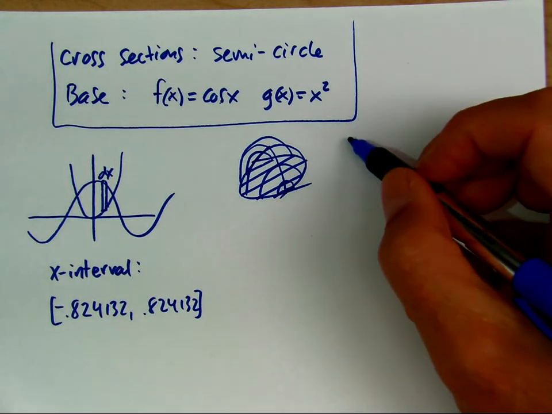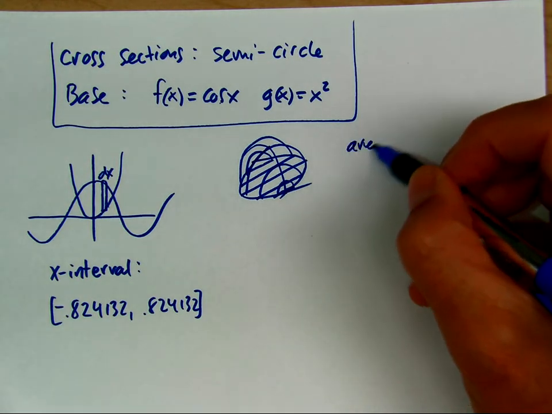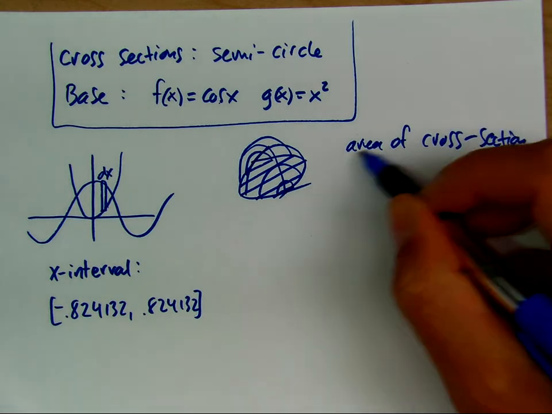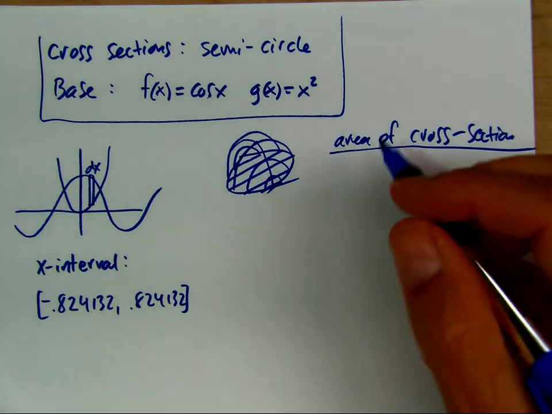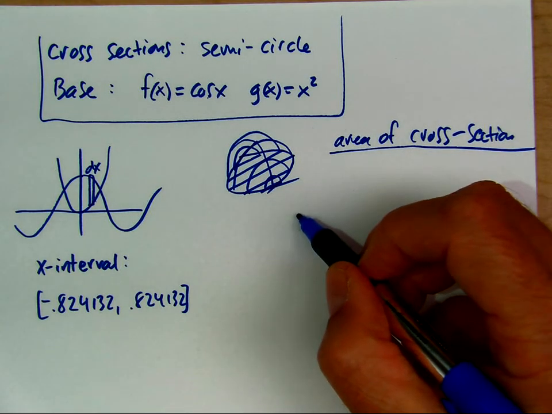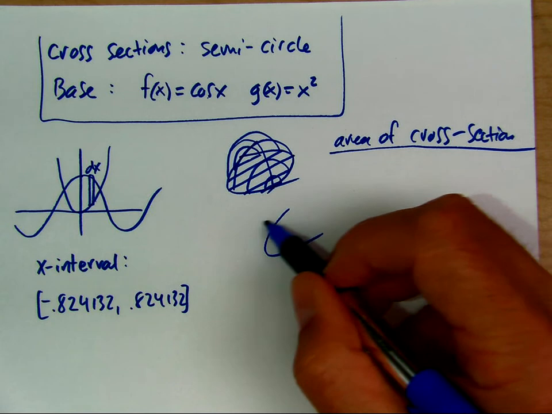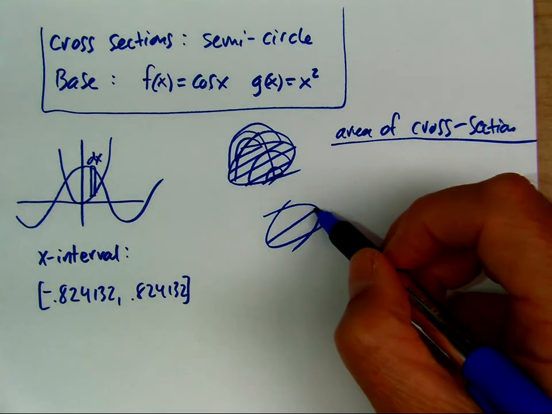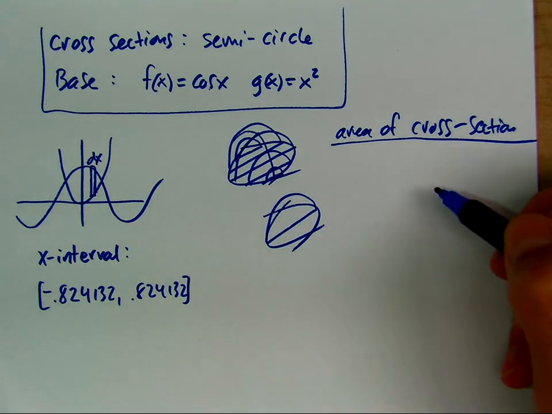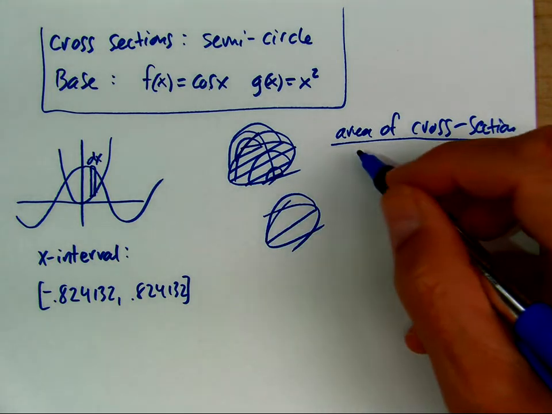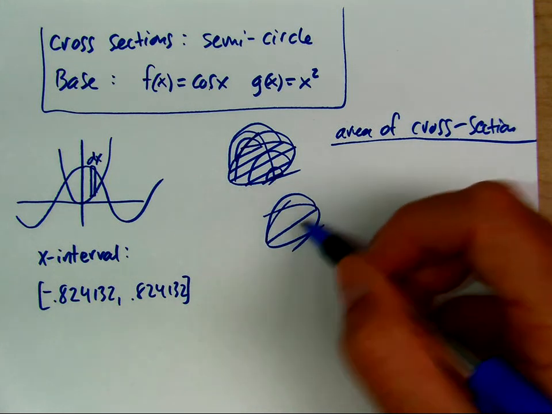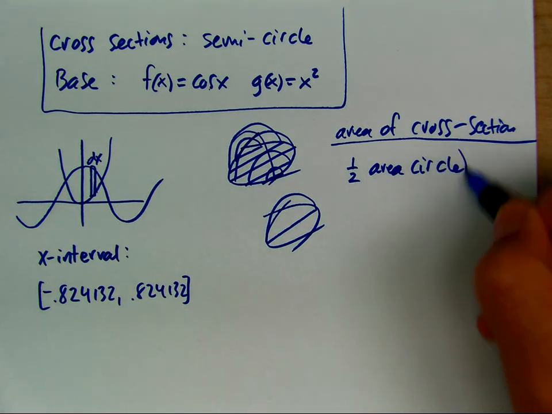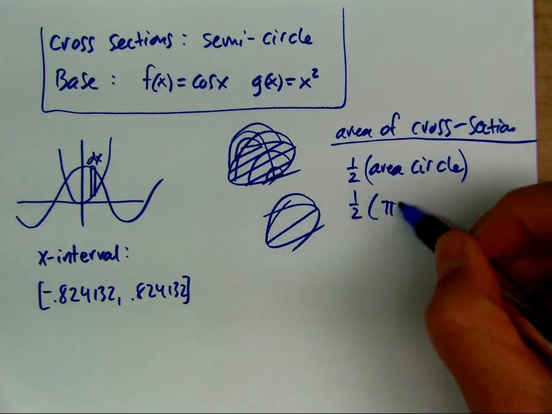So when we find the area of a cross-section, we have the base region, and that will be the diameter of the semicircle. So we need half of the area of a circle, 1/2 pi r squared.